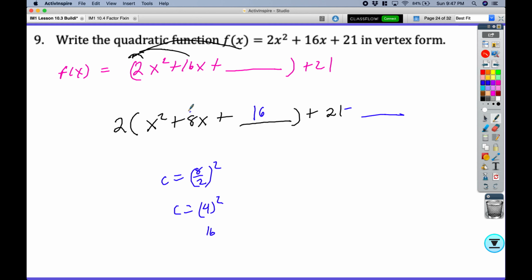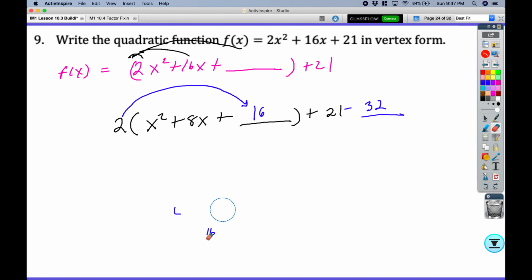That's not the case, because it's 2 times 16. If you were to redistribute this 2 into here, it's not adding just a 16, it's adding a 32. So the 16 is 16 times 2, which is 32. So you essentially added 32 into this equation, not 16, but 32. So you're going to have to subtract 32 from this equation.